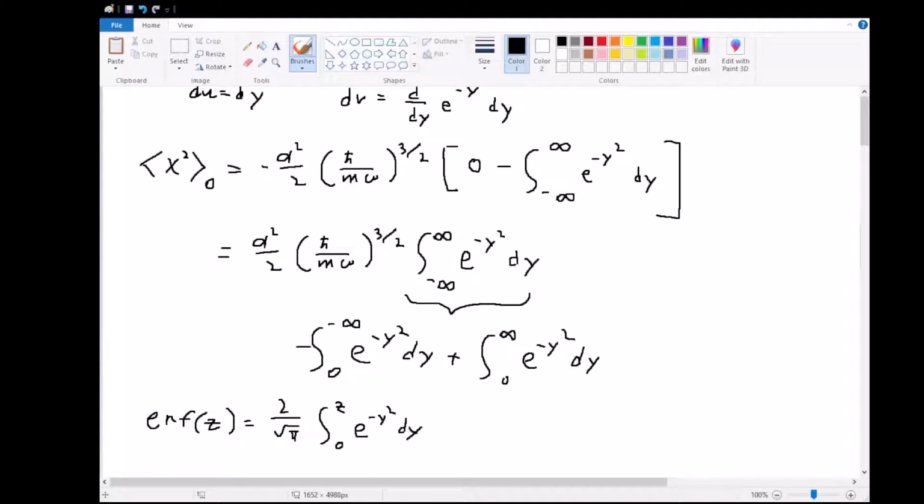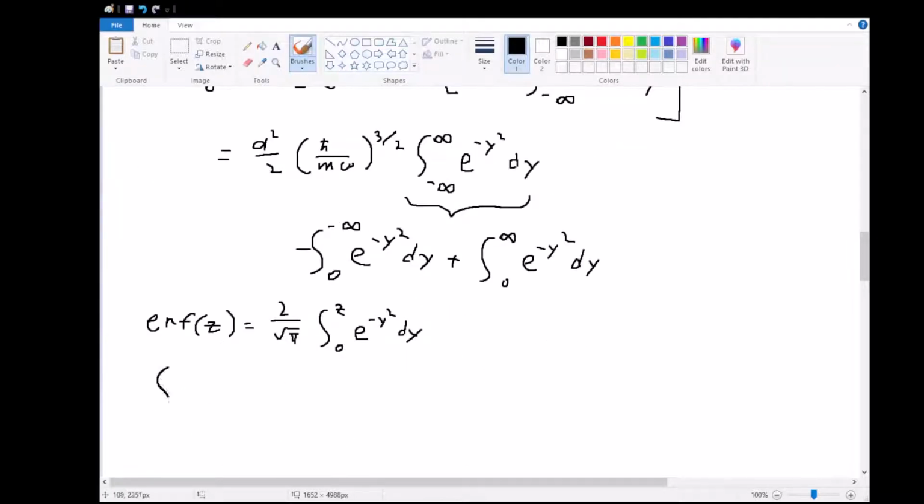Let me just double check that my constants at the front aren't wrong, because embarrassingly enough, I do not tend to remember the general form for the erf function. 2 over the square root of pi. Yes, I am correct. Okay. So because of that, the integral from 0 to z of e to the negative y squared dy is equal to square root of pi over 2 times erf of z.